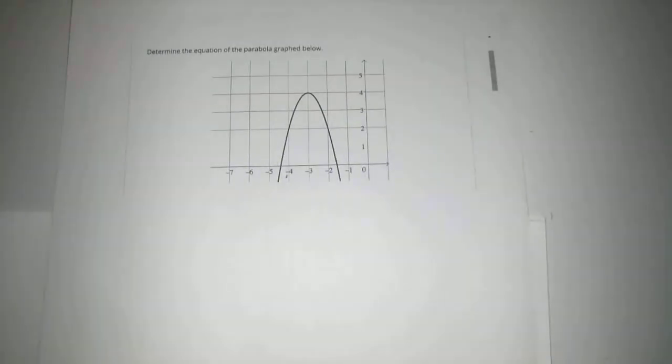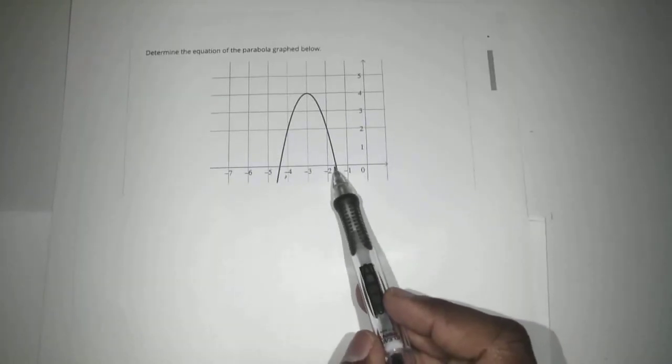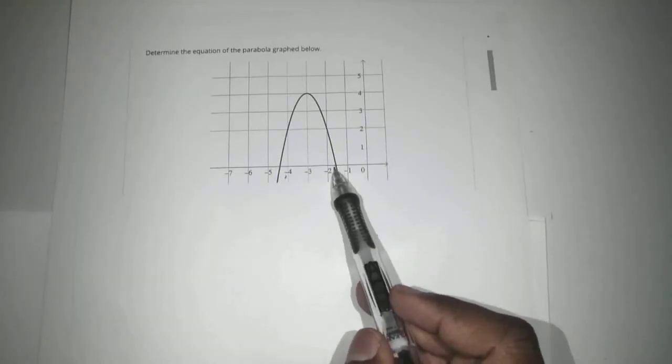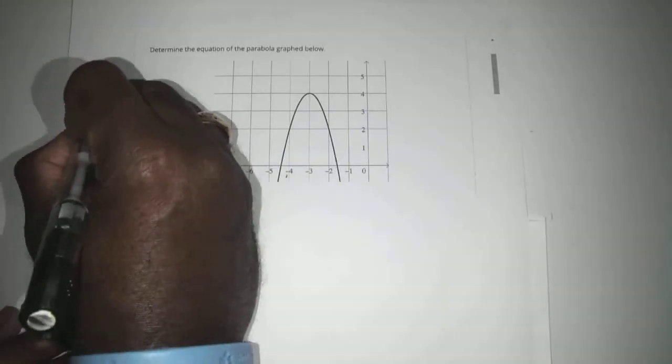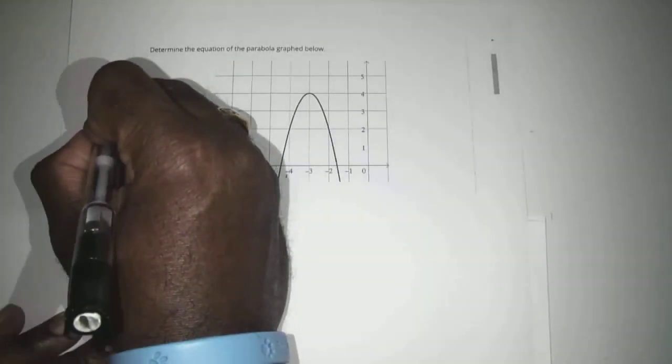So what if we wanted to determine the equation for this one? Here, you don't know if your intercept is at x equals -0.5, -0.6, -0.55. You have really no idea what it is. And this is where you would use the second method: use any point and the vertex.